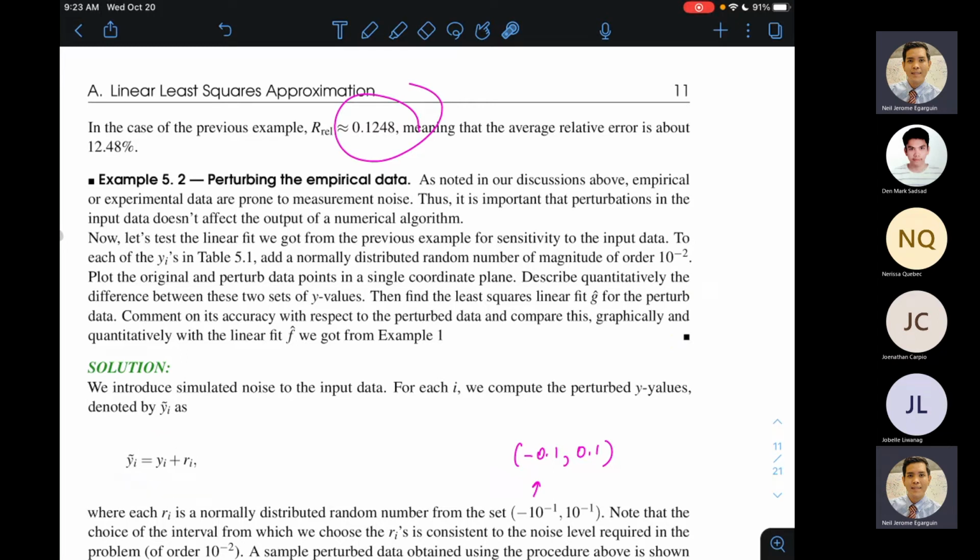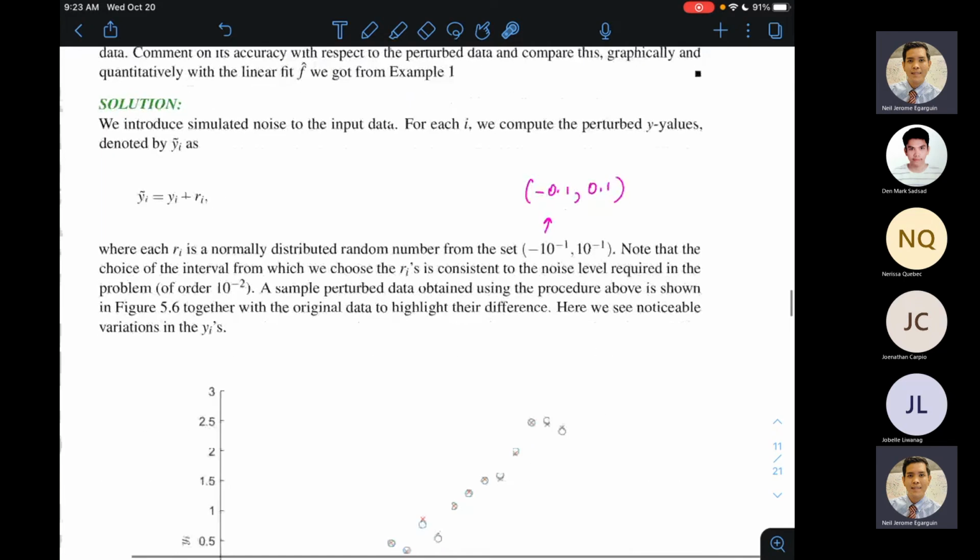It could be measurement error, it could be a simulation error, or round-off error. So what I do is to use y tildes instead of y's. How do I get y tilde? Kinuha ko yung given data from the problem, tapos dinagdagan ko lang siya ng random number. And this is a random number from negative 0.1 to 0.1. Ibig sabihin, inisud ko lang ng konti yung y.